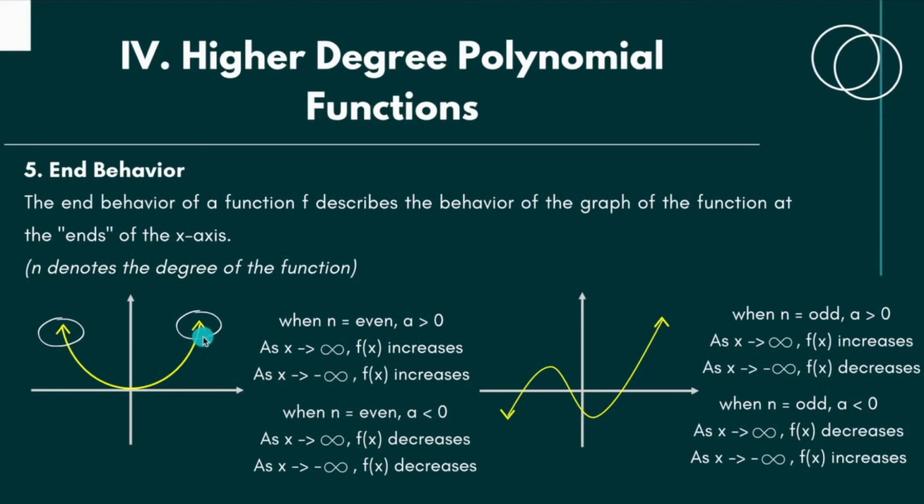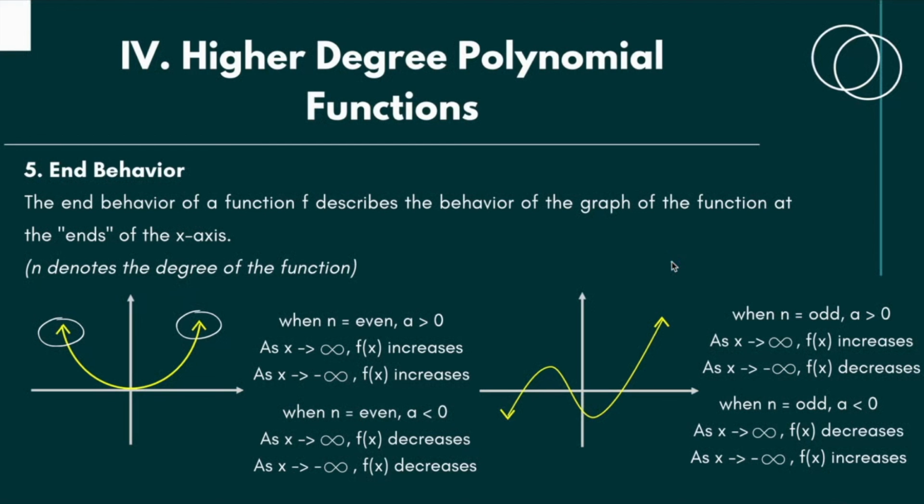This is an example of a quadratic function which has an even degree of 2 with a leading coefficient that's positive, so it's going to face upwards. Now at the bottom, when n equals even and a is less than 0, f of x will decrease when x approaches infinity and when x approaches negative infinity. And an example of that is a quadratic function that faces downward, like this.